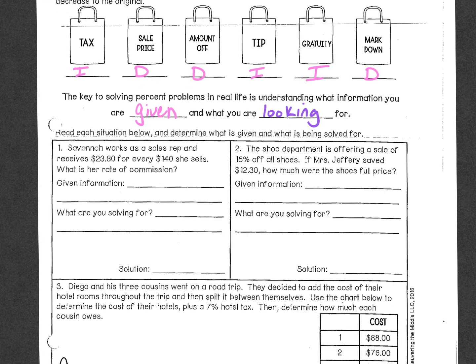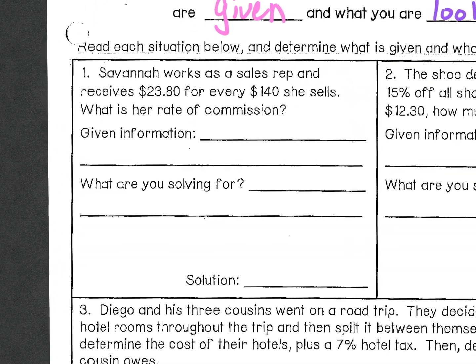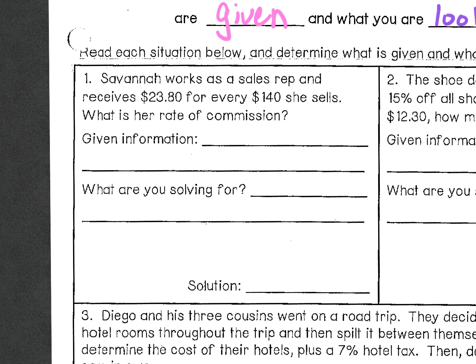Okay, the key to solving percent problems in real life is understanding what information you are given and what you are looking for or solving for. Savannah works as a sales rep and receives $23.80 for every $140 she sells. What's her rate of commission? So the given information that they gave us was this $23.80 and $140.